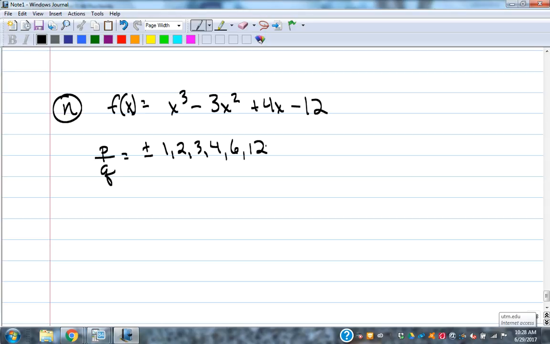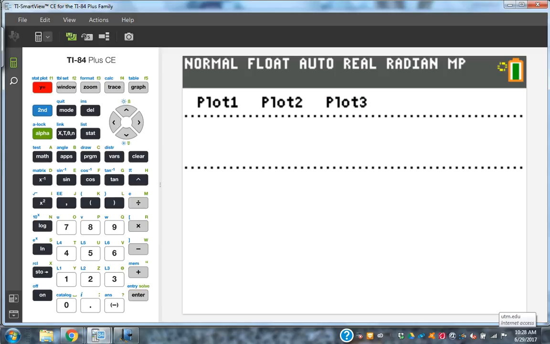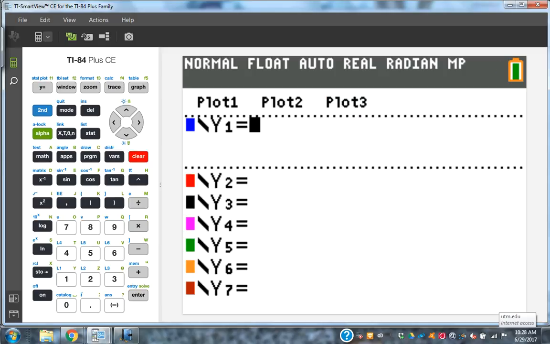Even though it's got a leading coefficient of 1, it's still a little longer list. We're just going through all of the steps, same steps that we did every one of these.